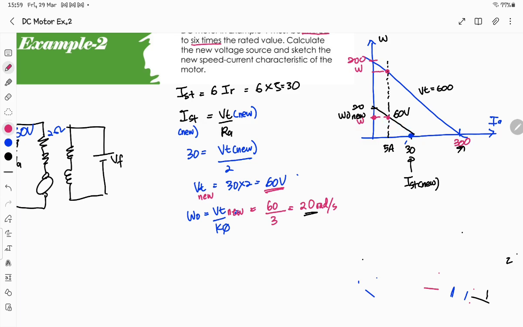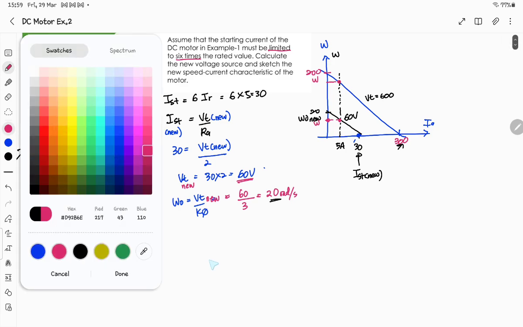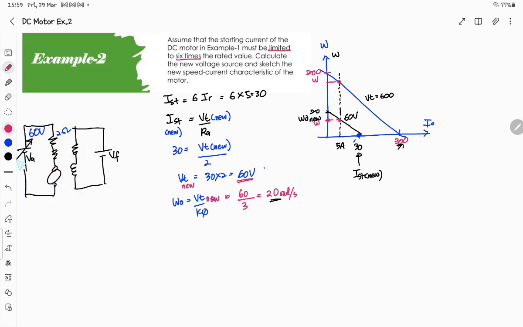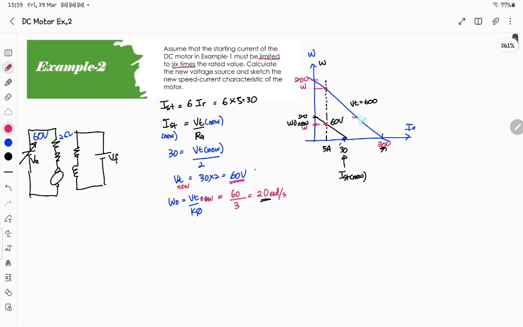What else you can conclude from this example is that when you reduce the source voltage, you can see that it will have the same slope of speed current.